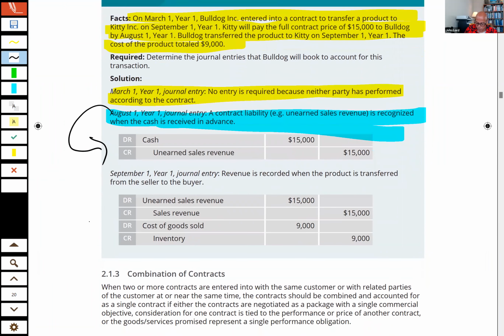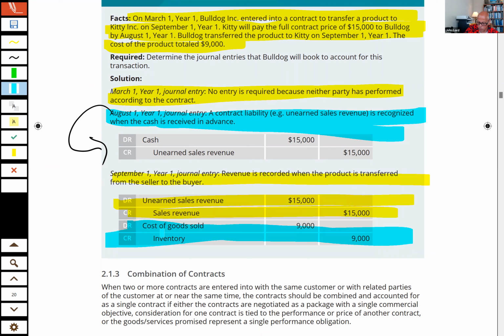Then on September 1st, when you finally deliver the product, now you can recognize the revenue, because you have performed on that contract. And the cost of goods sold is not so much a revenue recognition consideration as a reminder: don't forget to record the cost of goods sold and credit the inventory.